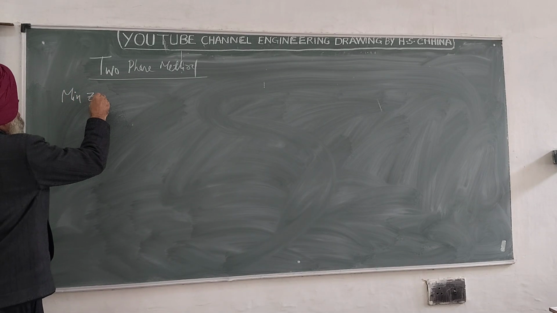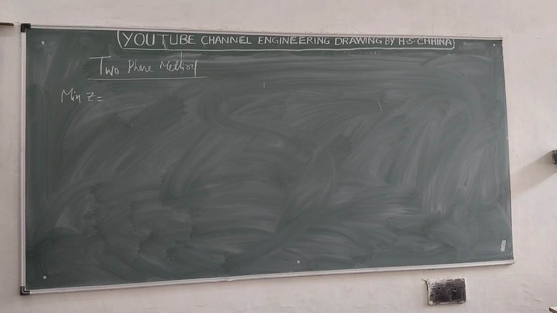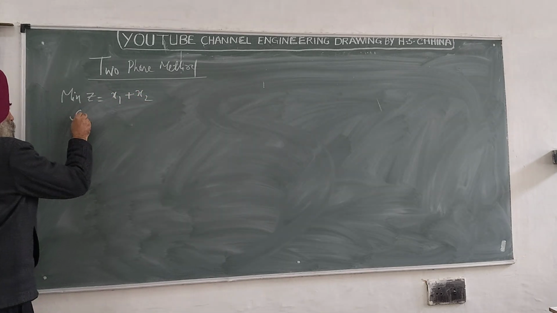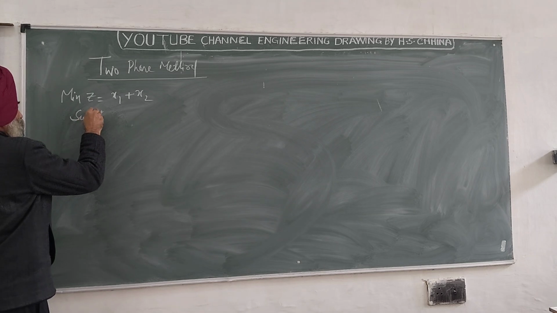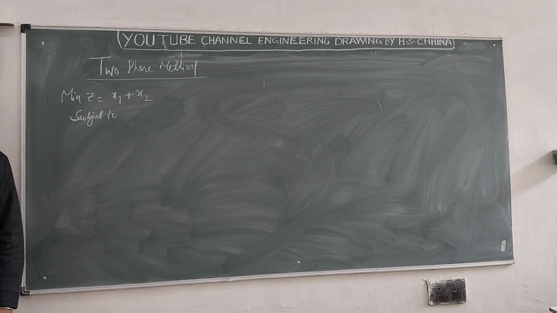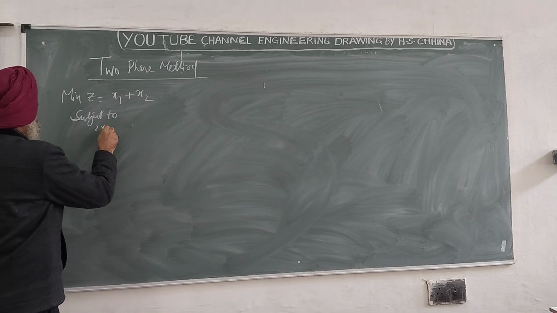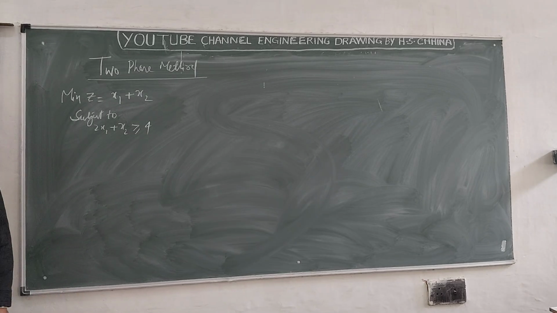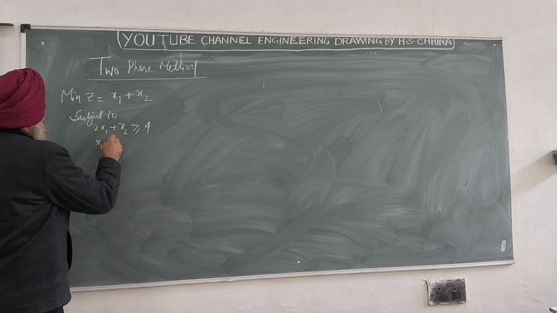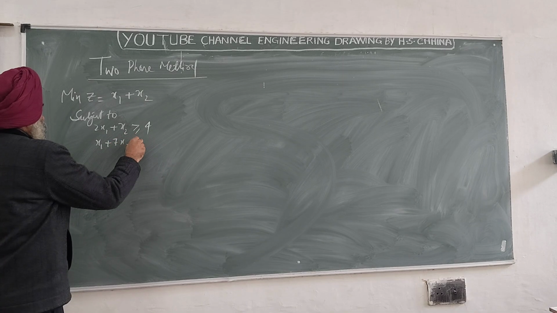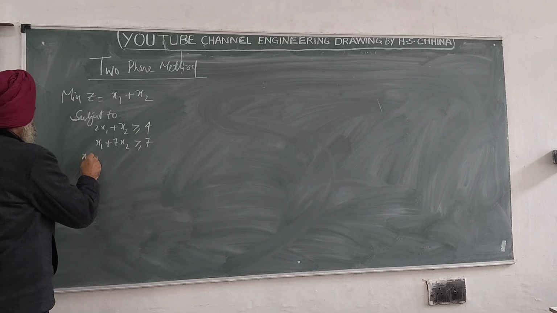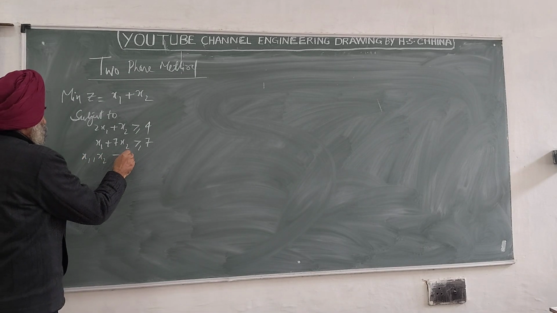Minimum z is equal to x1 plus x2, subject to 2x1 plus x2 greater than equals to 4, x1 plus 7x2 greater than equals to 7, x1, x2 greater than equals to 0.